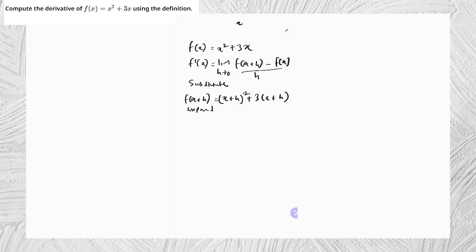When we expand f(x + h), (x + h) will multiply (x + h), and that will give you x squared plus 2xh plus h squared.